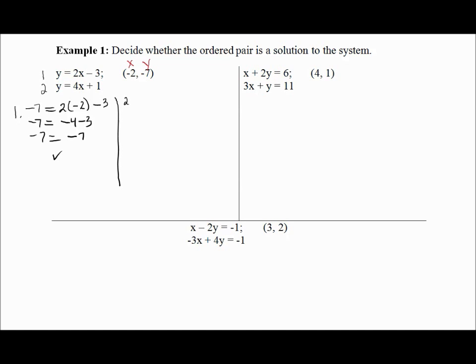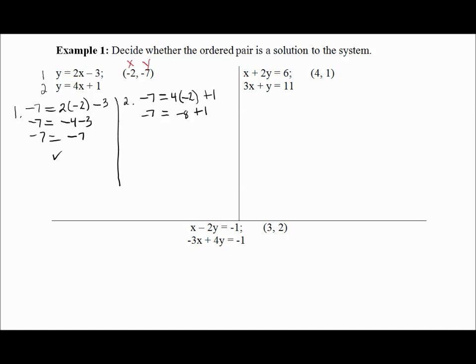My second equation is y equals 4x plus 1. So I'll substitute the y with negative 7. Excuse me, let me fix this. That should be an equal sign. Negative 7 equals 4 times negative 2 plus 1. If it is indeed a solution, the left side should equal the right side. 4 times negative 2 is negative 8.